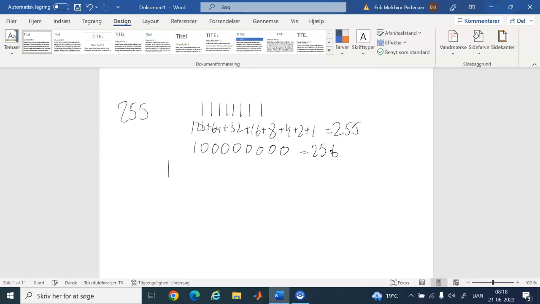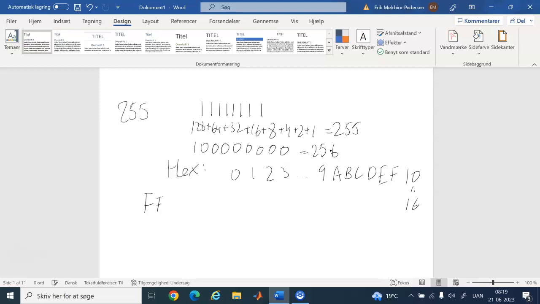In hexadecimal, for instance, we have 0, 1, 2, up to 9, A, B, C, D, E, and F, and then it's 10. So it's 16 numbers here, and 10 means 16 in our system.